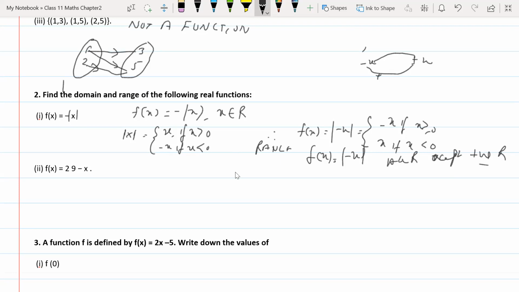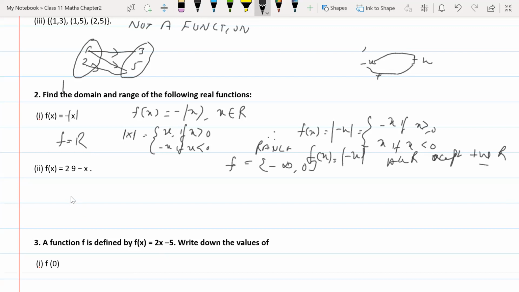And the domain of f is equal to all real numbers. So the range is all real numbers except positive real numbers.